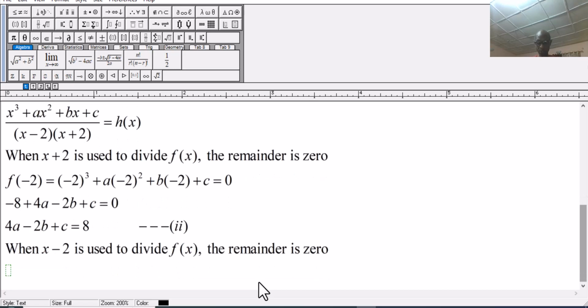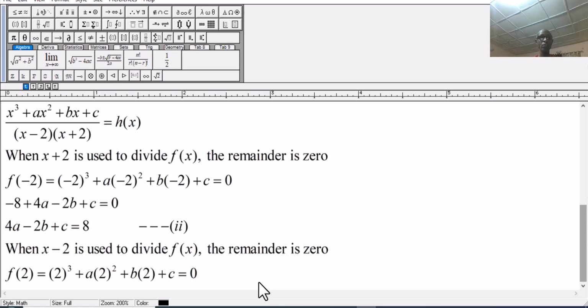So we will now have f of 2 that will be equals to 2 cubed plus a into 2 squared plus b into 2 plus c equals to 0.